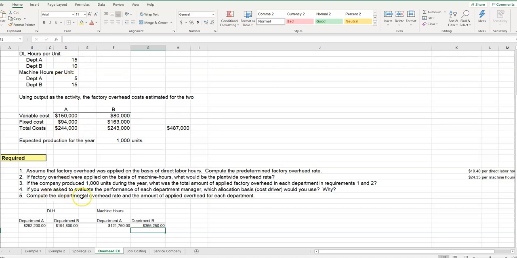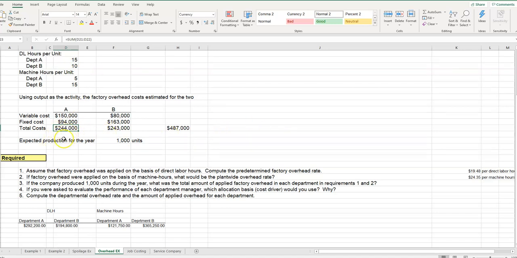When you compute the departmental overhead rate and apply it, each department gets its own cost. So if we divide 244,000 by 15,000 direct labor hours, we get a rate per direct labor hour.